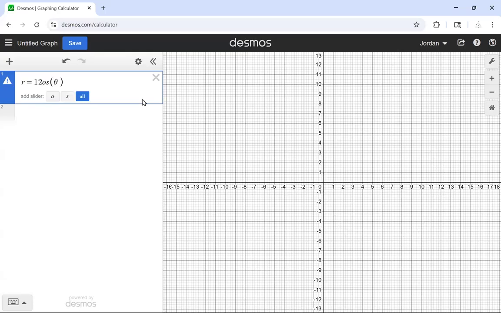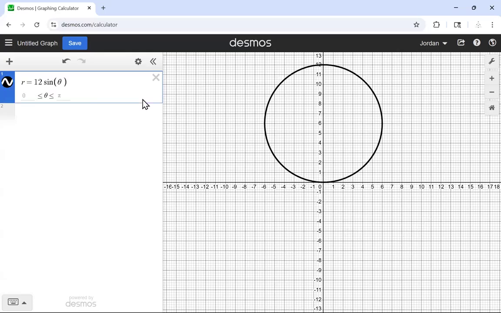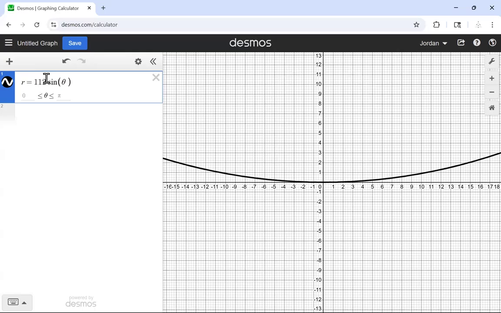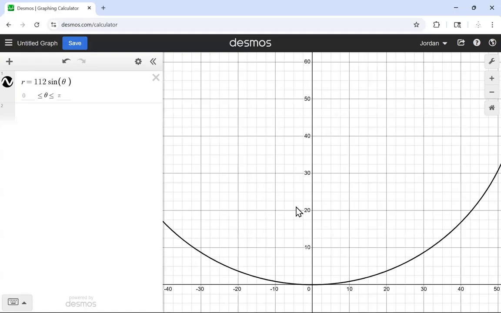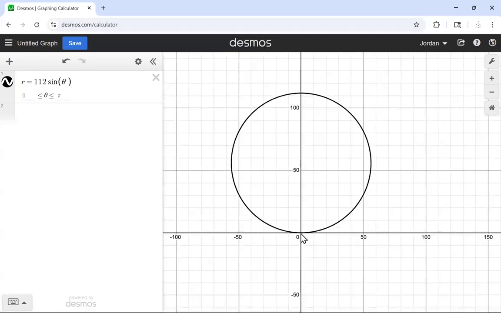If I change cosine into sine, then instead of the circle being laid out in line with the x-axis, now the circle is laid out in line with the y-axis. And no matter what number we have out front, like 112, let's say, obviously if I do 112, it's going to go from the origin to (0, 112).